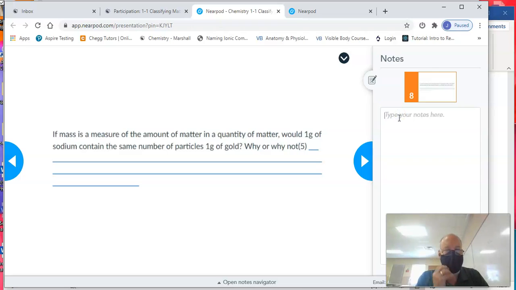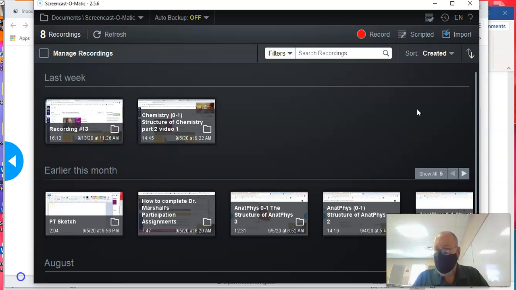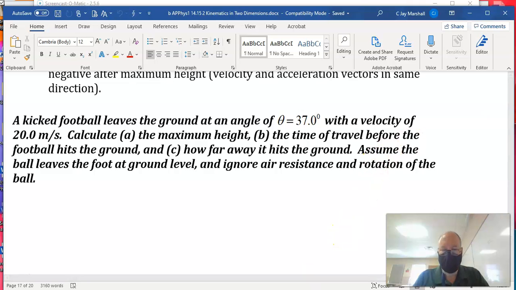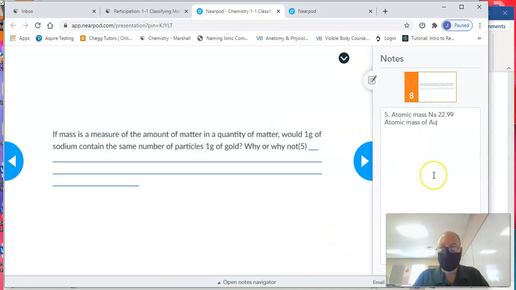The first thing is that the atomic mass of sodium is 22.99, and the atomic mass of gold is 196.97.